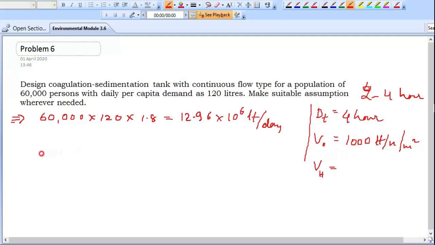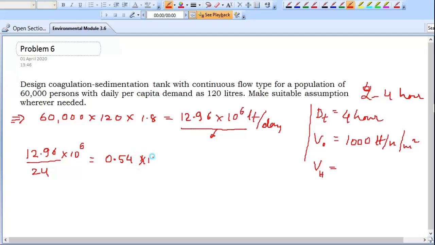Now how to design the total volume of the tank? In the last problem also I explained, in one day this much water is coming, but the entire water will not be there in the coagulation tank, only for the 4 hours that water will be there. First we make it in terms of per hour. 12.96 into 10 raised to 6 divided by 24. This is 0.54 into 10 raised to 6 liter per hour.